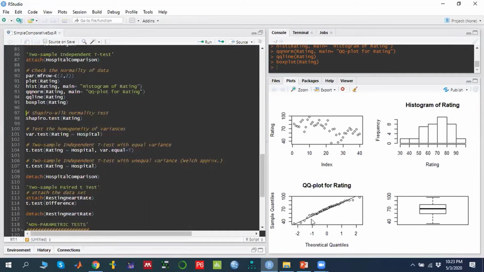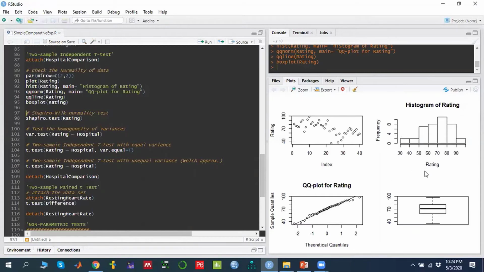From the QQ plot, if the dotted points lie on the straight line, then we will say data follow the normal distribution. And if the histogram follows a symmetrical curve, then we will say data is normally distributed. But remember that we can only hypothesize that this data may follow the normal distribution using these graphs.